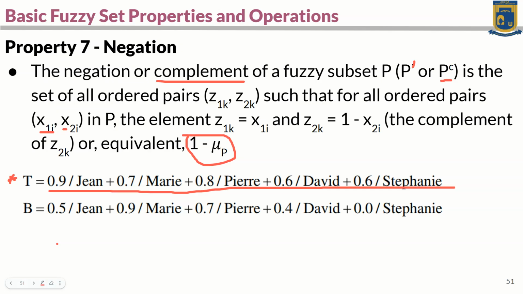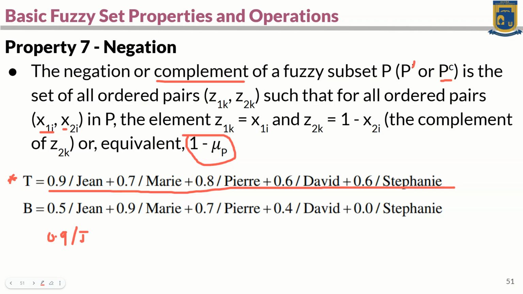How is it going to be? So we are going to get 0.1 for Jean.